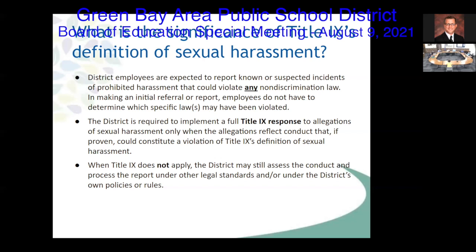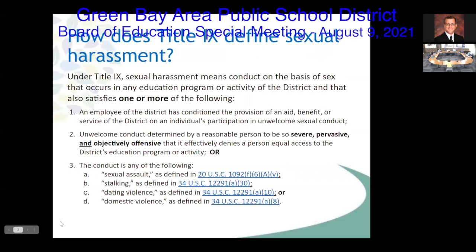The third category of sexual harassment involves conduct that constitutes criminal sexual assault, criminal stalking, dating violence, or domestic violence, all as defined by other federal statutes. In order to provide you some context with respect to these terms without going into a lot of legalese, we can say that sexual assault can include anything from groping all the way up to the most serious forms of sexual assault, including rape.